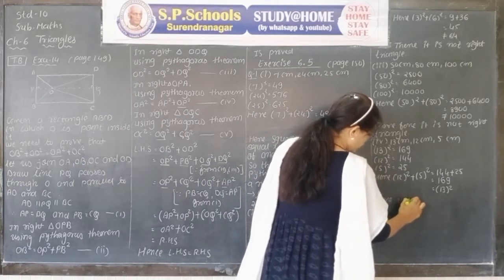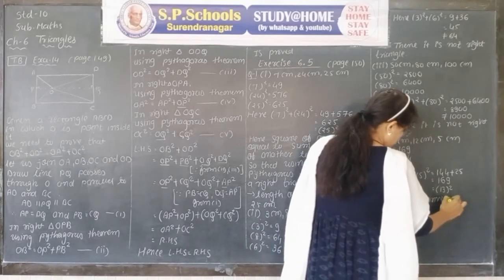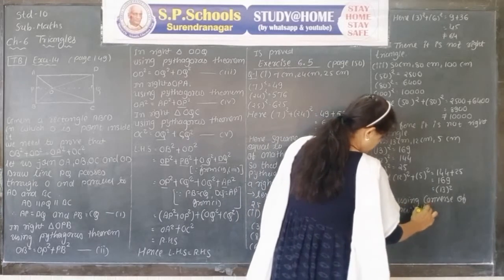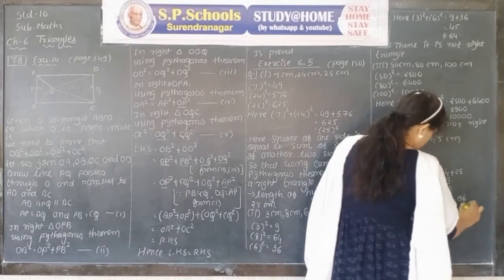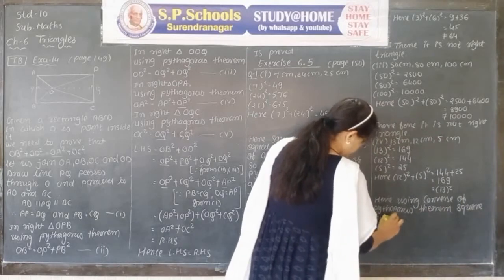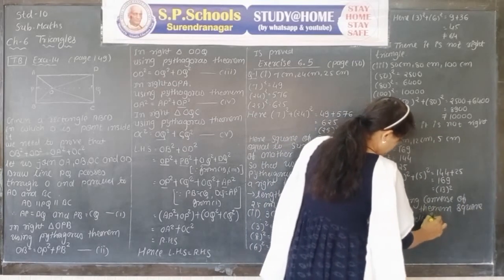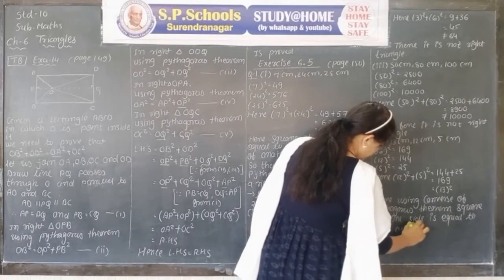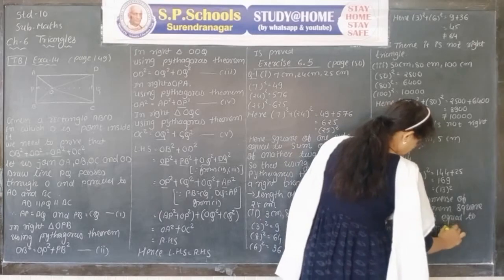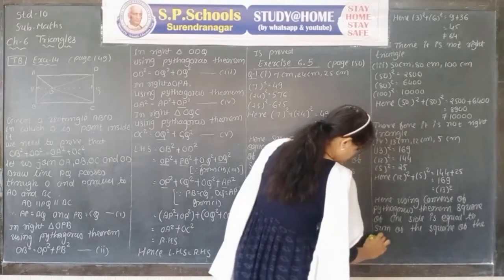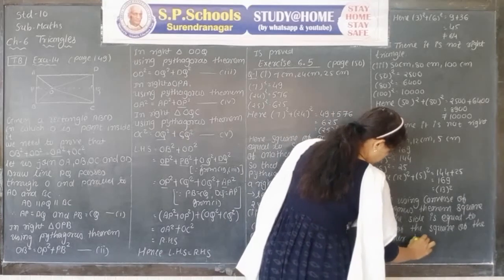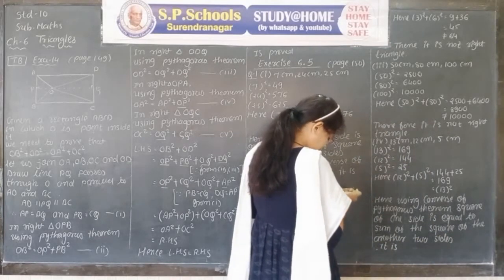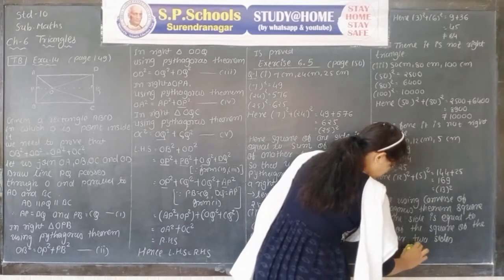Here, using the converse of Pythagoras theorem, the square of one side is equals to the sum of the squares of the other two sides. Therefore, it is a right triangle.